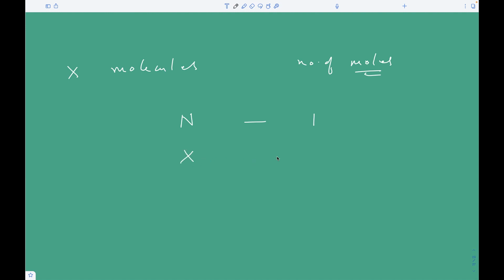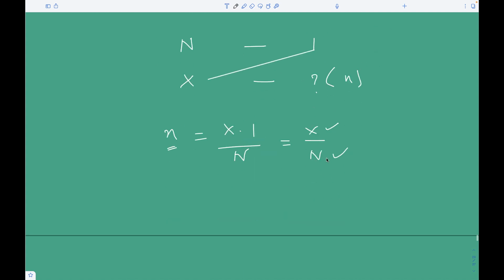Here we have X number of molecules, so how many moles do we have? Let us call this small n, and you know small n is equal to product of these two terms divided by capital N. So that is capital X times 1 over capital N, or simply X over N. So to get the number of moles, you have to divide the number of molecules given with Avogadro's number. To get an expression for Avogadro's number, let us move capital N to the left hand side and number of moles to the right hand side.